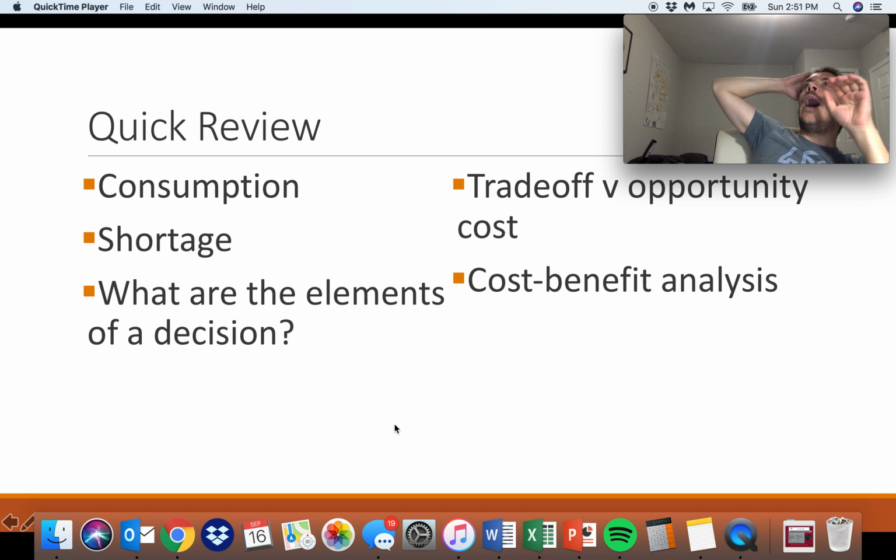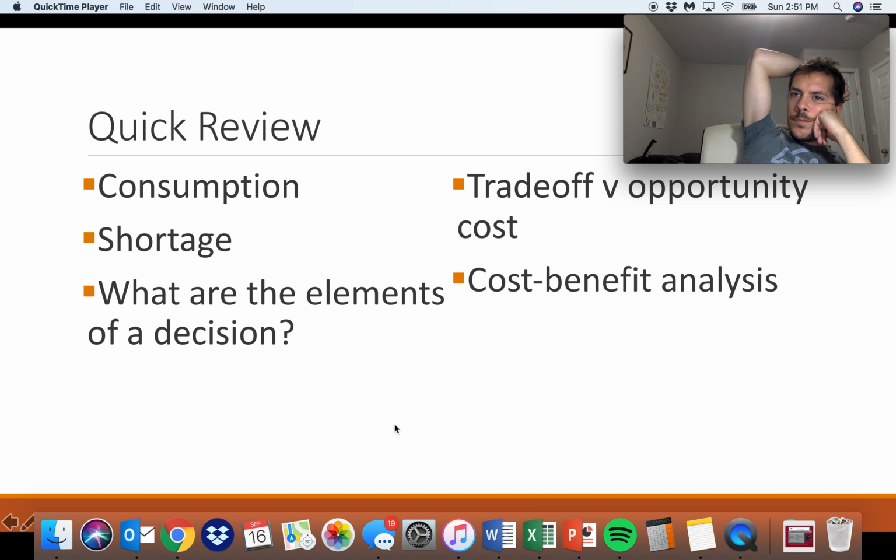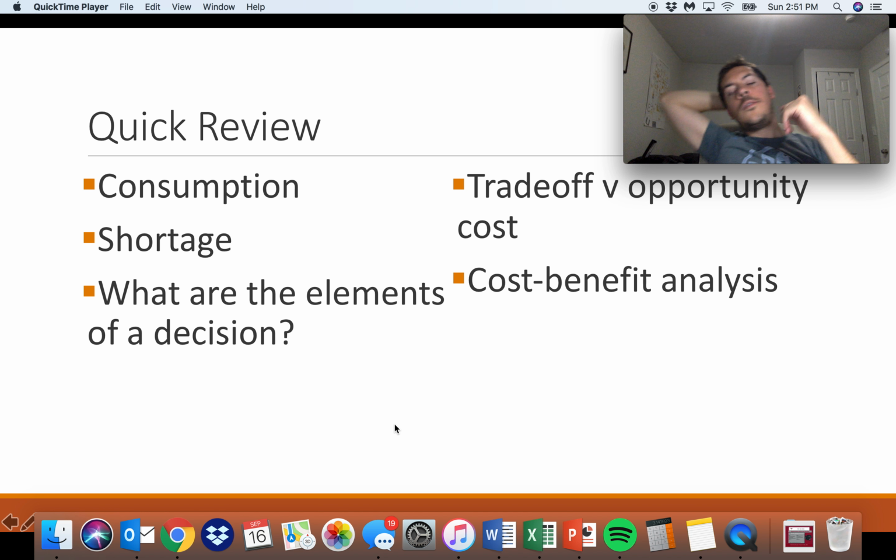How are trade-offs different, or how are they related to opportunity cost? I never said this explicitly, but you should be able to think through that. So the correct answer is that an opportunity cost is a special type of trade-off.